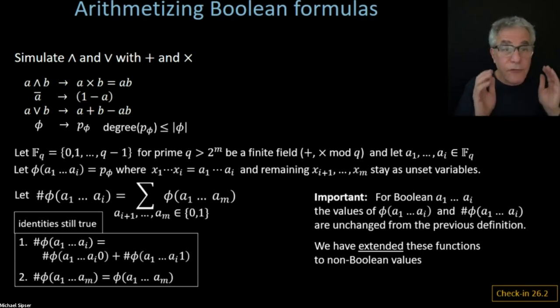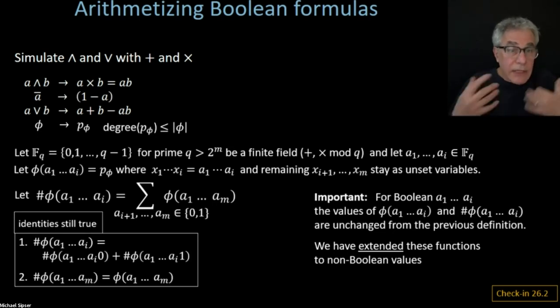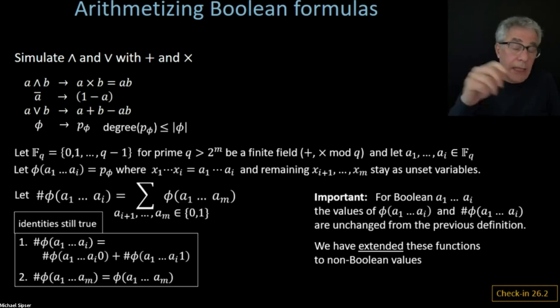Now it just becomes a formal thing. You're just plugging along, doing what the polynomial says. Numbers are coming out, and you're thinking, oh, this is just nonsense. But the thing is, it's going to have a meaning that's going to be useful to us. That's what this protocol is going to show. So you can't think about it as negation anymore. Negation becomes 1 minus x in the arithmetized world, and you just have to live with that.